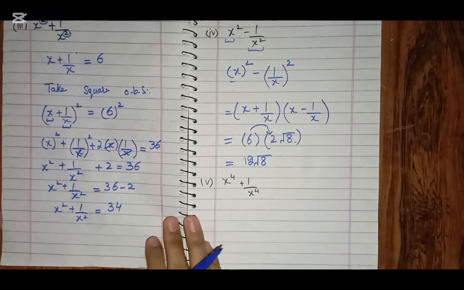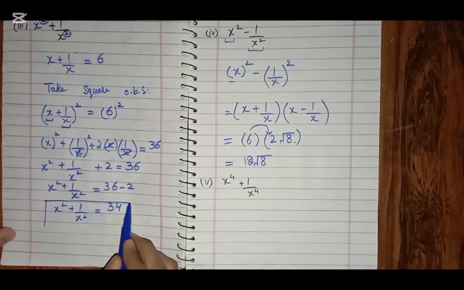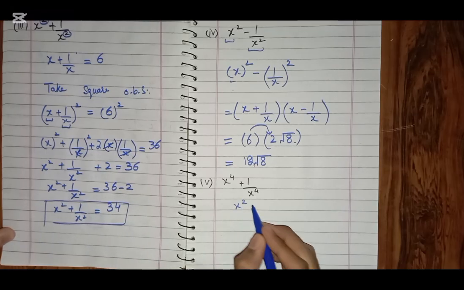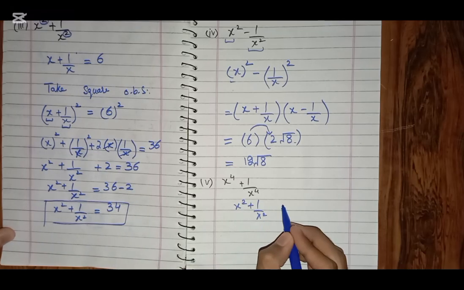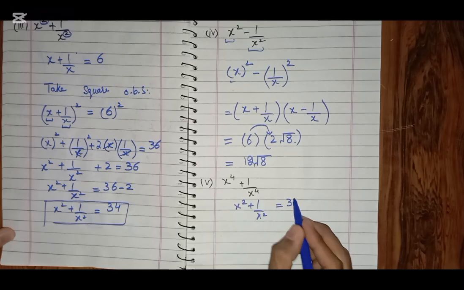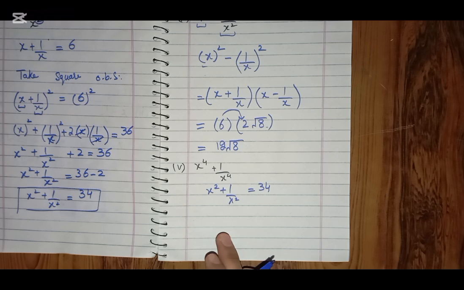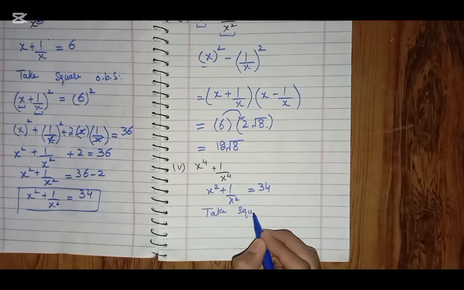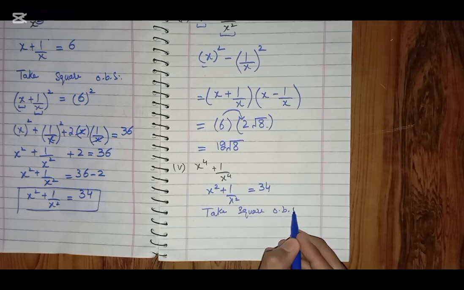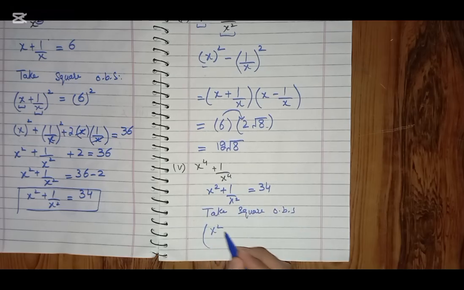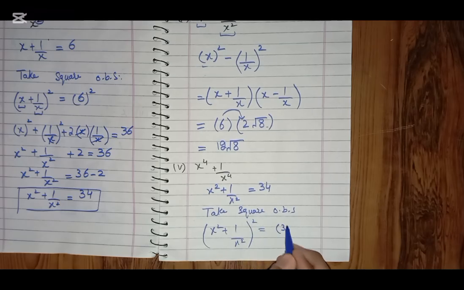You pick this equation, that is x square plus 1 over x square is equal to 34. If we want to form the power of 4, we again take square on both sides. If we take square on both sides, this is x square plus 1 over x square as it is, whole power 2, and the square of 34.